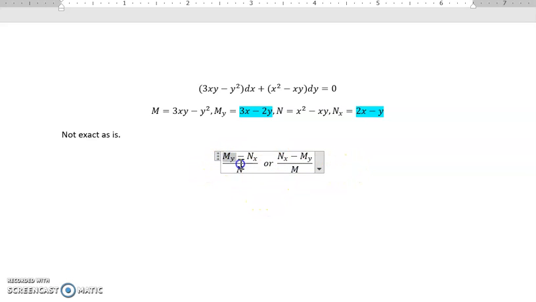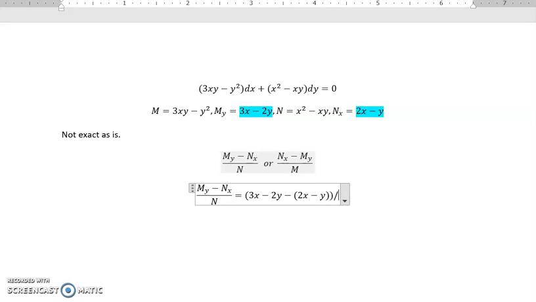So if we check the first one, we're going to find that M_y is 3x minus 2y, and then N_x is going to be 2x minus y. And then we're going to divide that by the original N, which is x squared minus xy.